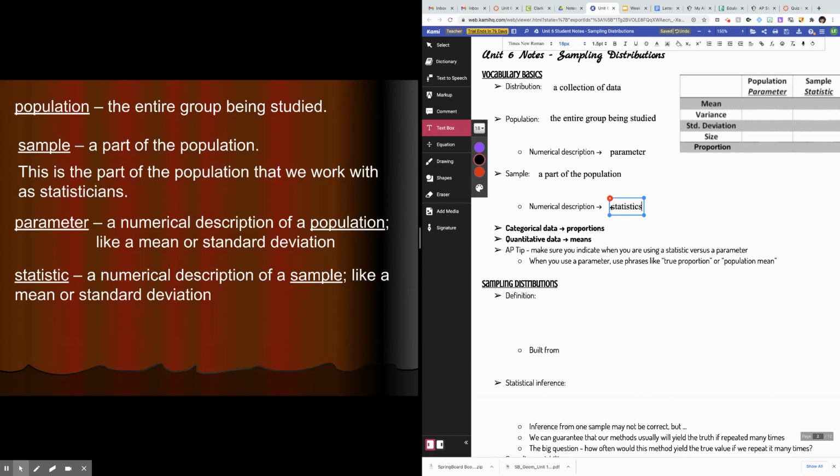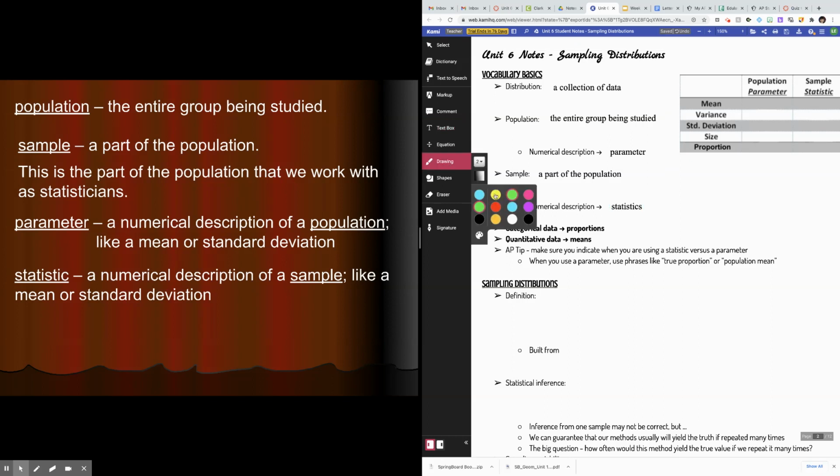Okay, that's your numerical descriptor. Okay, these can also be a mean, a standard deviation, a size, right? But there is a difference between a sample mean or a sample proportion or a sample size and a population mean, a population proportion, or a population size, right?